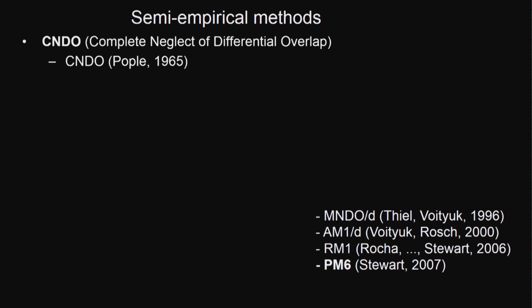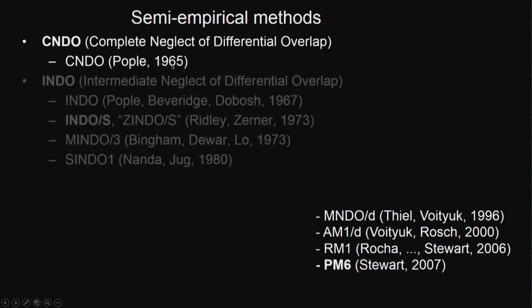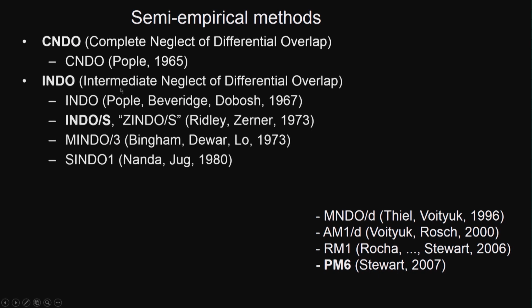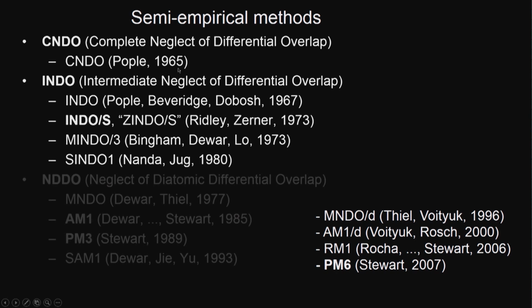CNDO, complete neglect of differential overlap, was first developed in 1965. Then came INDO, intermediate neglect of differential overlap, a slight improvement, in 1967, then 1973, 1980. As time goes, improvements on these methods were developed, but the earliest is CNDO in 1965.